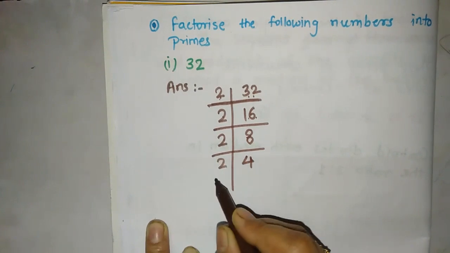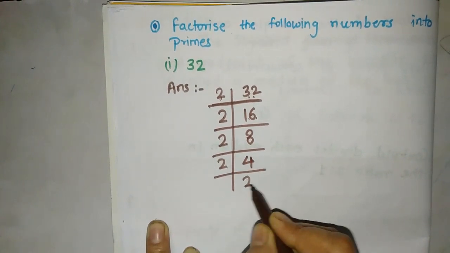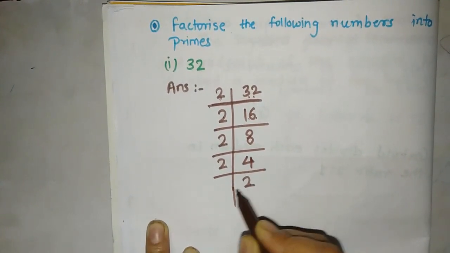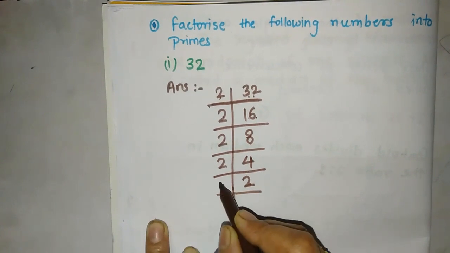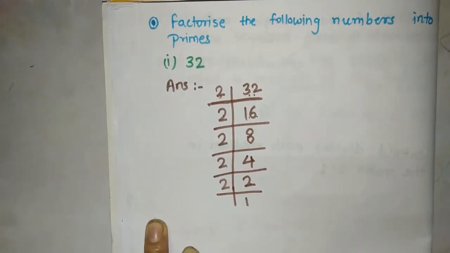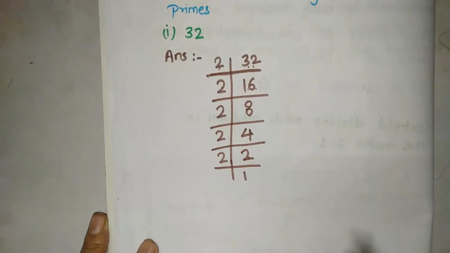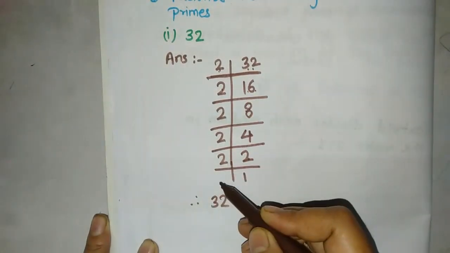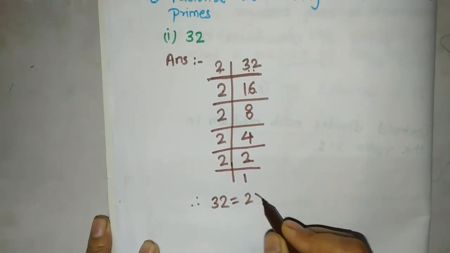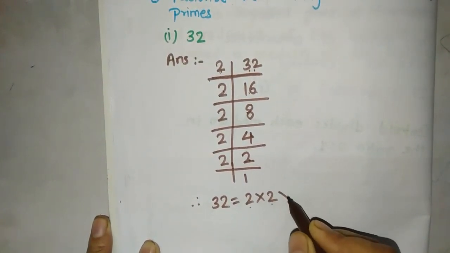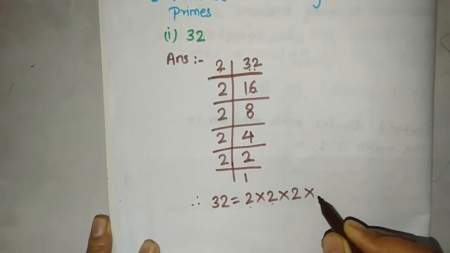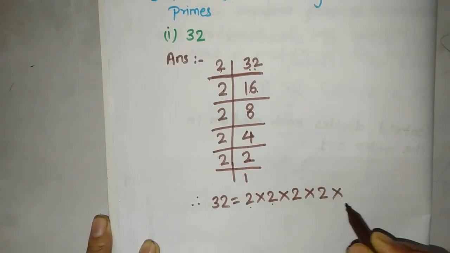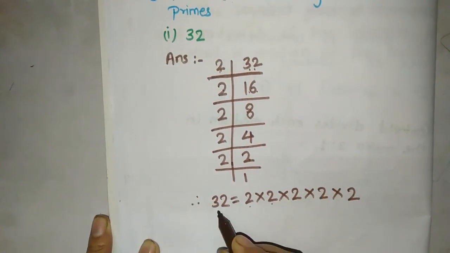Again it is an even number. 2 2s are 4, and 2 is a prime factor, so divide by itself. 2 1s are 2. So therefore 32 is equal to, write down the multiplication form, 5 times multiplication of 2. 2 2s are 4, 4 2s are 8, 8 2s are 16, 16 2s are 32.